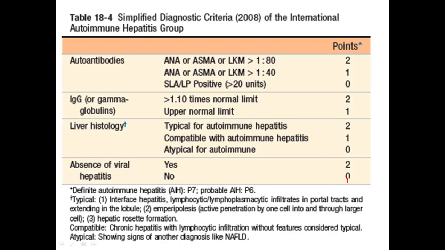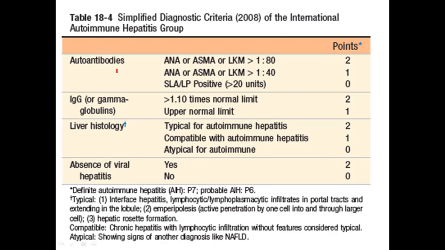If they are present, the score is 0, because that shows that the common thing comes first, and the patient is probably suffering from infectious viral hepatitis, not autoimmune hepatitis.